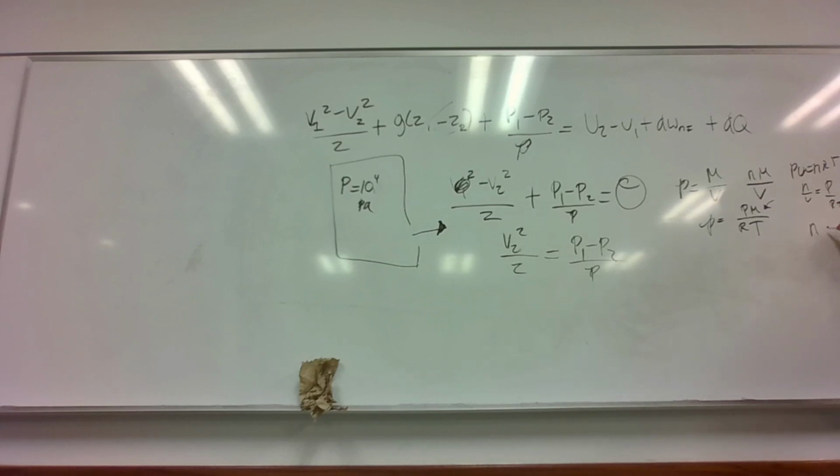So it's going to be the number of moles. We know air is composed about 79% of nitrogen and 21% of oxygen. So it's going to be 0.79 times n, number of moles of it, times the molar mass, 28 grams for nitrogen, plus 0.21 times moles times 32 grams for oxygen, over the number of moles.